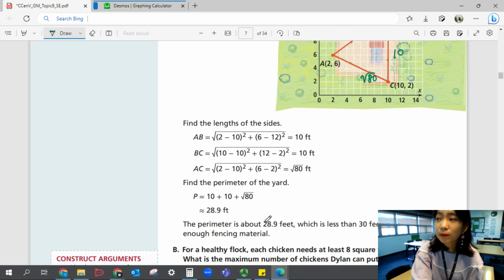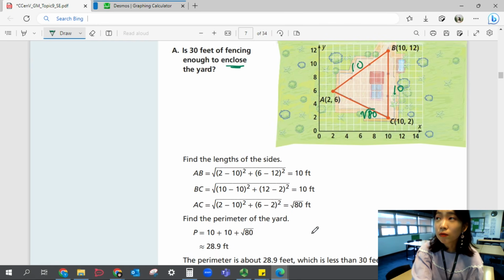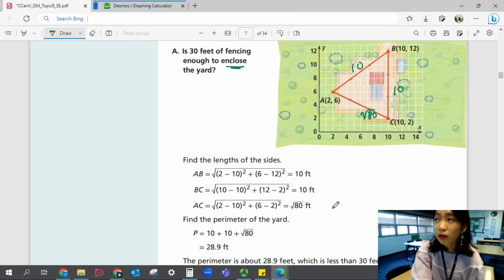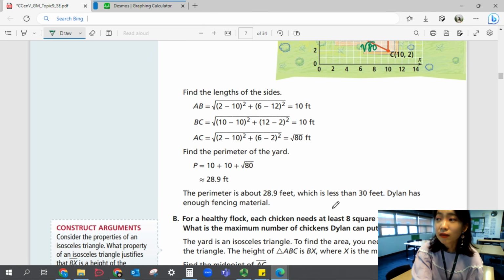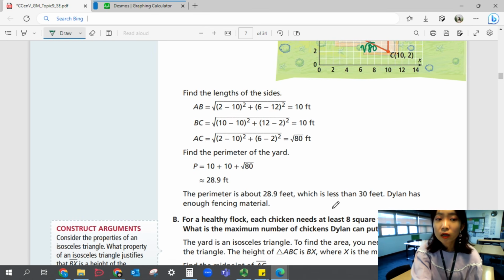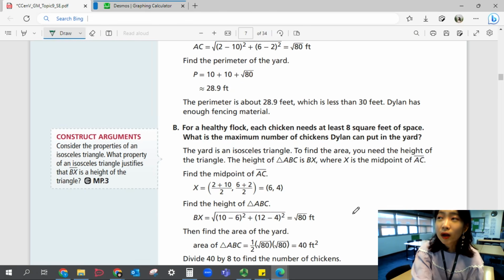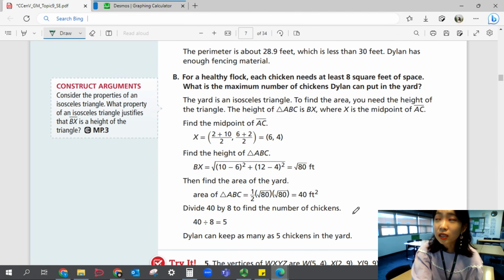So perimeter is less than the 30 feet of fencing, so he has enough fencing material. Just about the exact amount, I would say. Part B, for a healthy flock, each chicken needs at least 8 square feet of space. What is the maximum number of chickens Dylan can put in the yard?